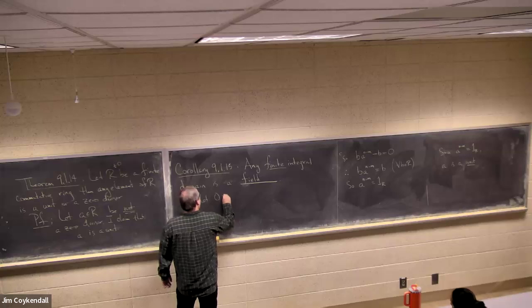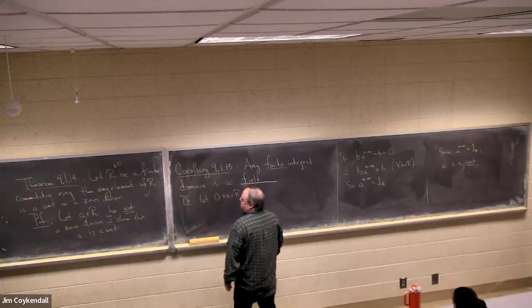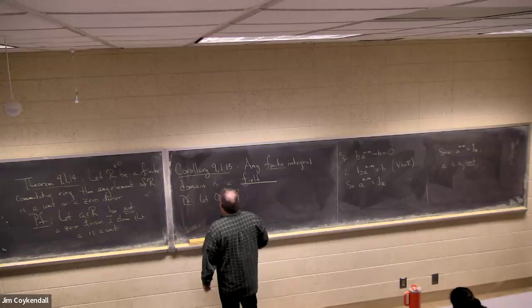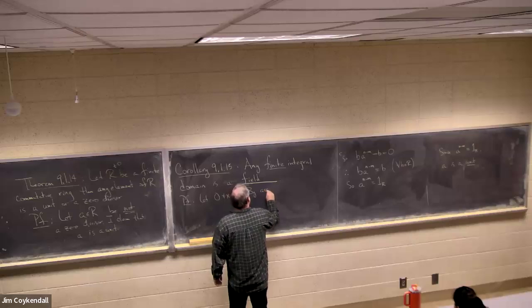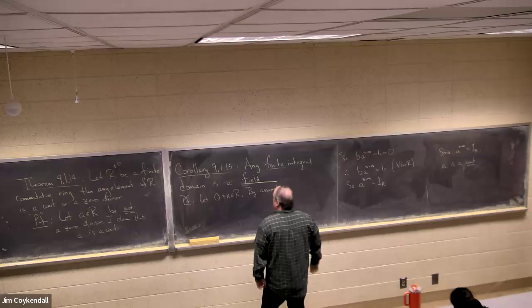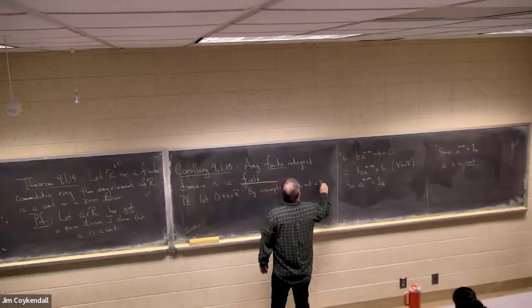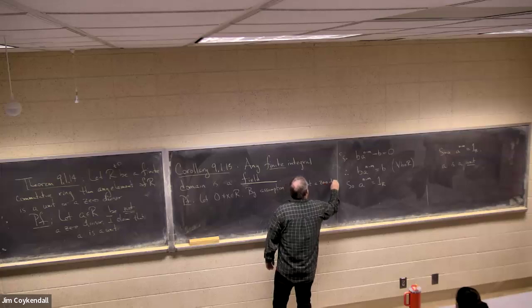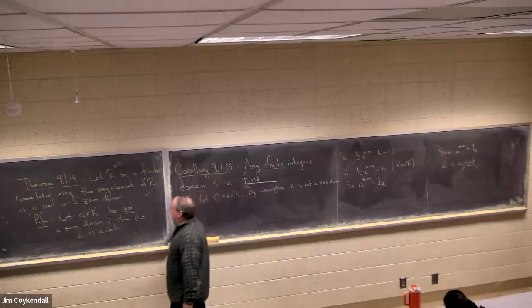But by assumption, X is not a zero divisor, because that's assumed in the corollary.